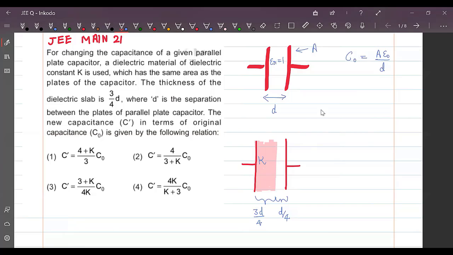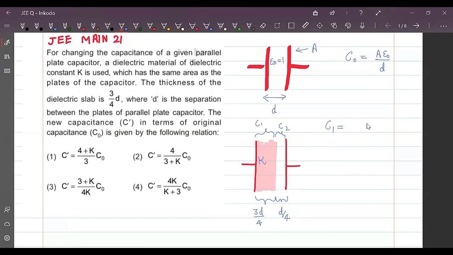Here it is K. So I can divide this into 2 parallel plate capacitors, one is C1 and the other is C2. And as you can see, C1 is beside C2, so both these capacitors are in series.